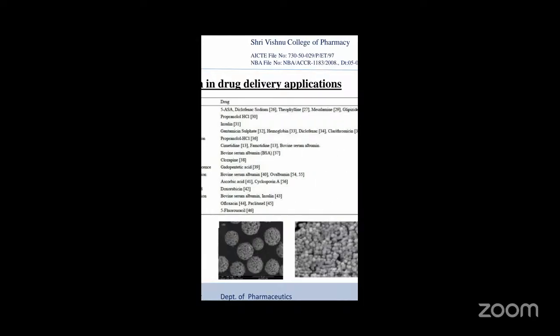And various drugs have been employed like the 5-amino salicylic acid, diclofenac sodium, theophylline, insulin, anti-infective drugs, anti-ulcer drugs, ascorbic acid, an anti-tumor drug, doxorubicin, and anti-infective drug, ofloxacin.